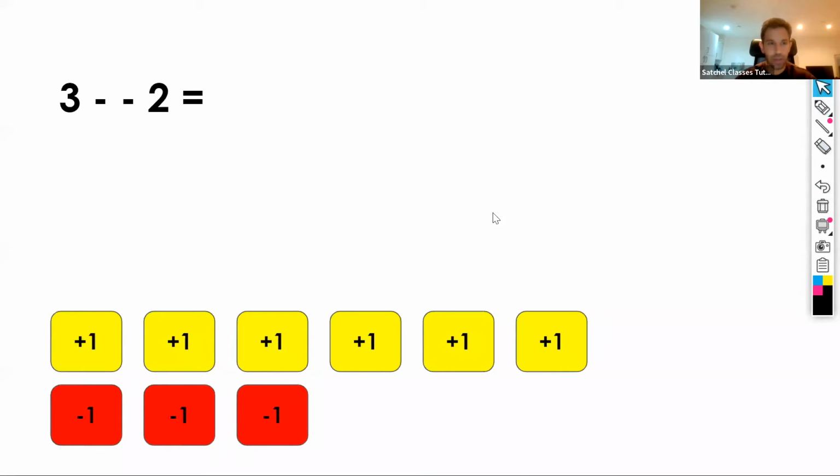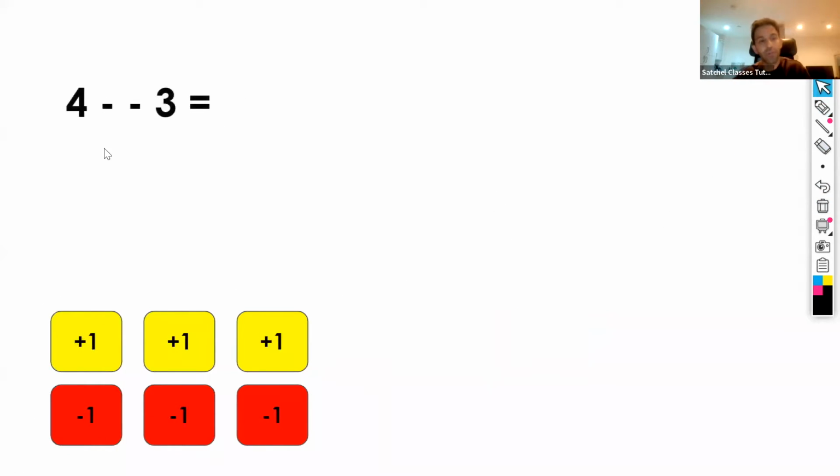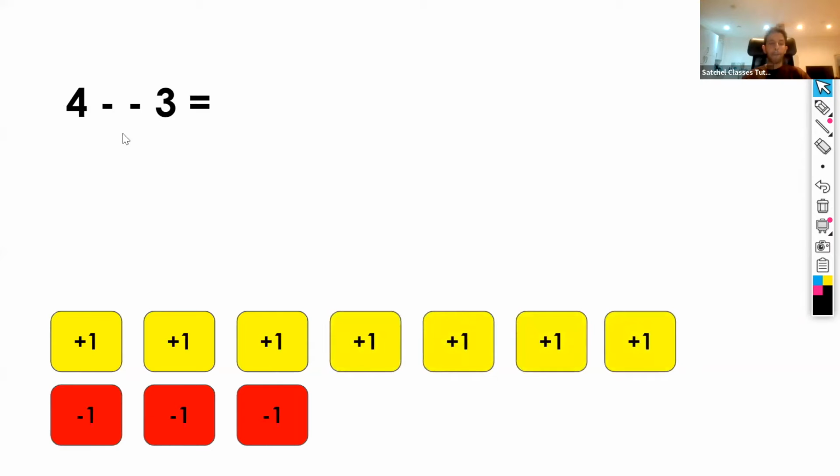All right, let's try another example. So 4 minus minus 3. Once again, I've got my 0 pairs to begin with, but I need 4 yellow blocks because I'm starting at 4. So once again, I have to subtract minus 3. So I have to get rid of this, subtract 1, subtract 2, and subtract 3. Now I no longer have 0 pairs.